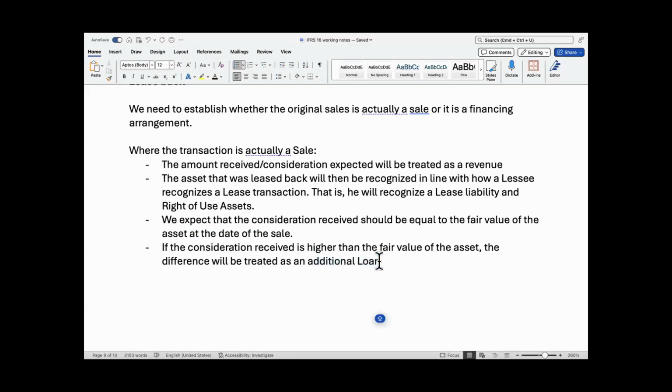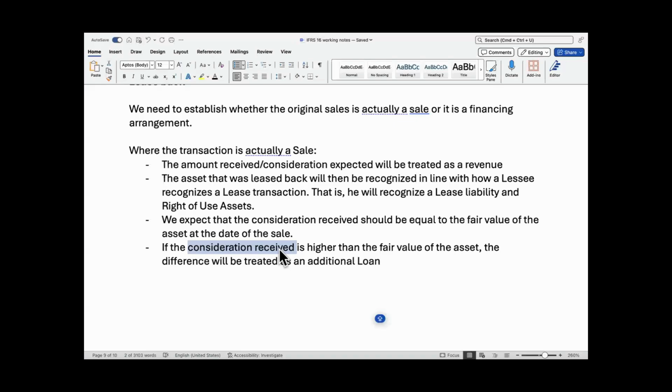But if you remember under IFRS 13, fair value is the amount that is received to sell an asset. So the consideration received should be the fair value. So why is it not the same as the fair value? If you have received much more, that buyer is giving you that extra money as a loan.